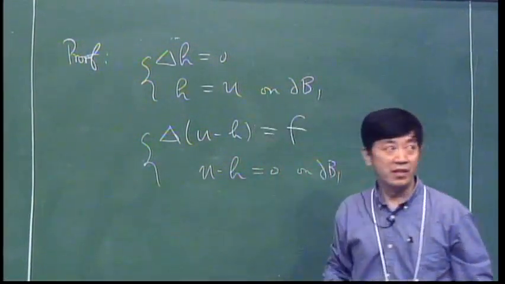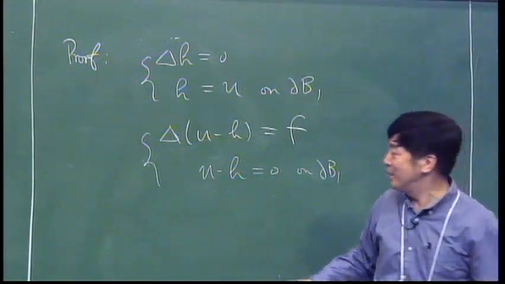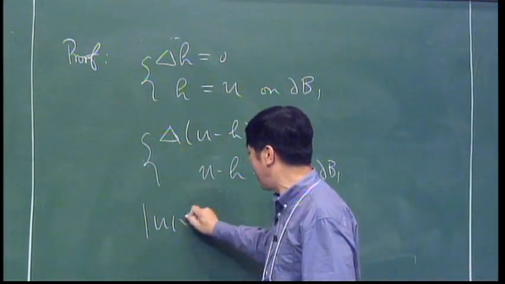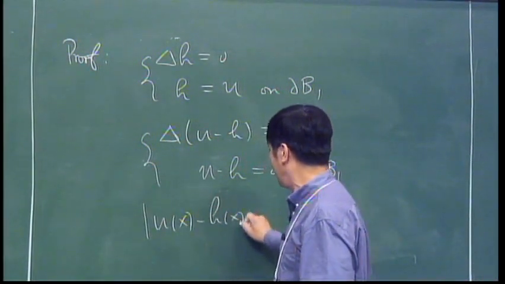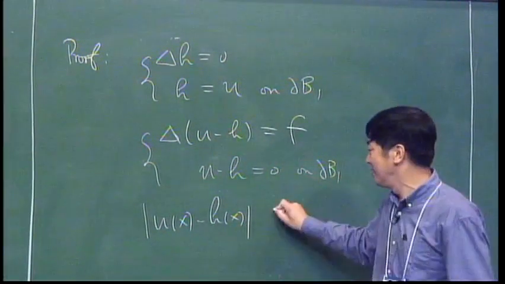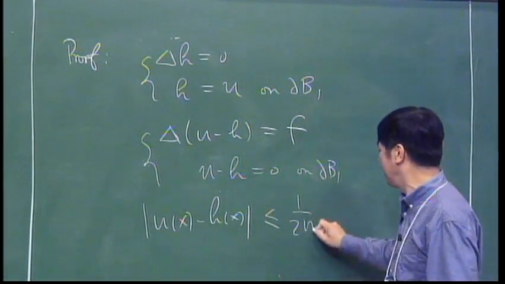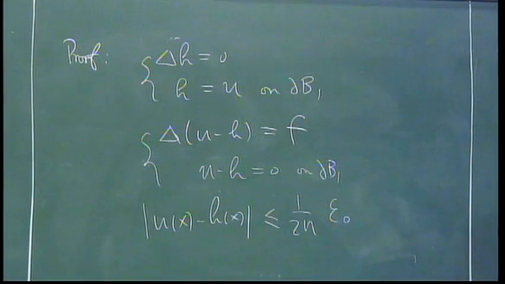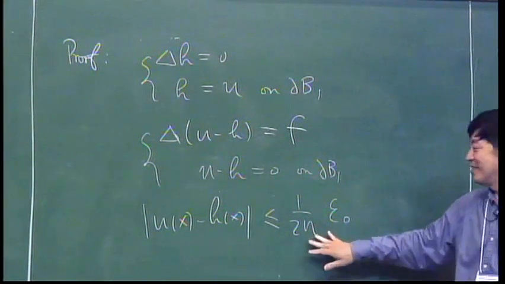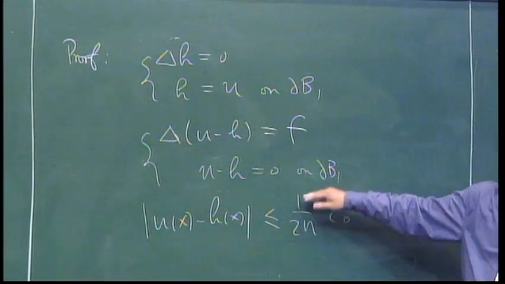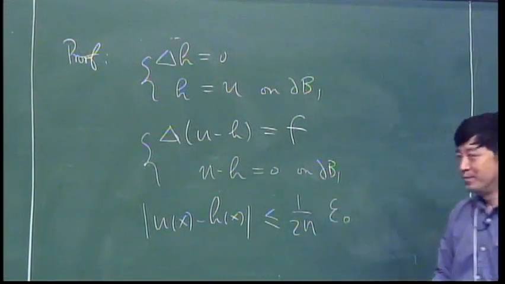Then my lemma tells me that u of x minus, I mean this is pointwise, is less than or equal to 1 over 2n epsilon 0. Once this is so small, you don't even have to think about what's going on here.